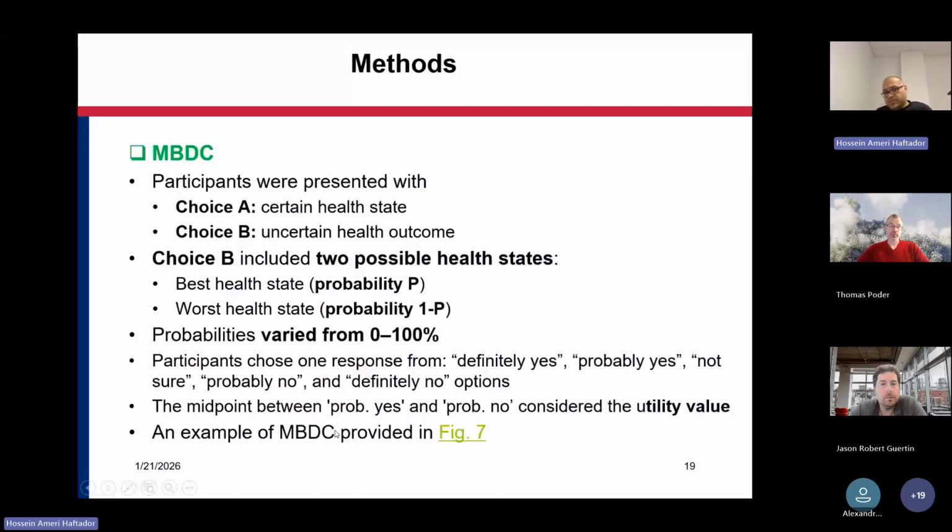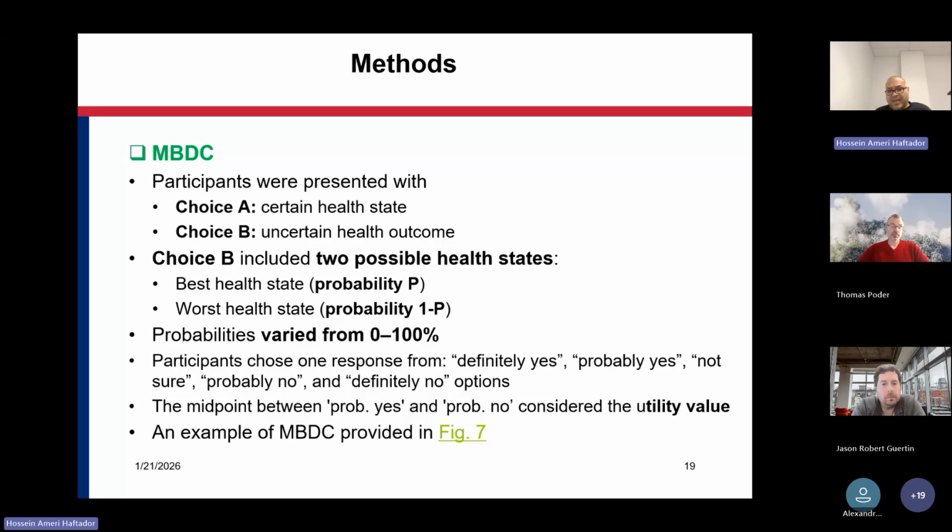Multiple bounded dichotomous is very close to a standard gamble. A person was presented with two choices: living in a 100% certain health state, or living in an uncertain health state with two possible outcomes, the best health state with probability P and the worst health state with probability 1 minus P. Probability was varied between 0 and 100%.